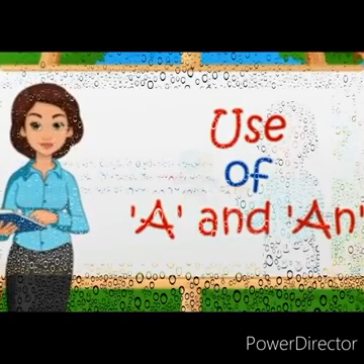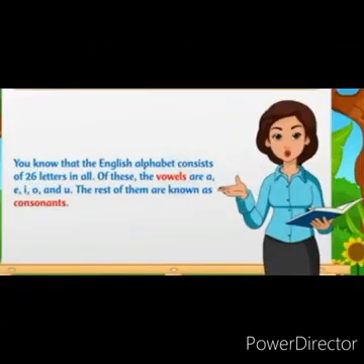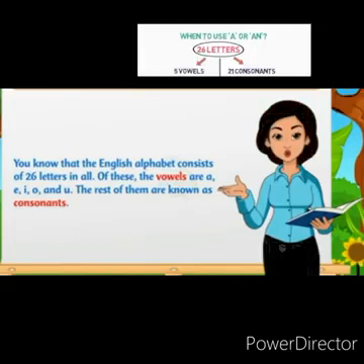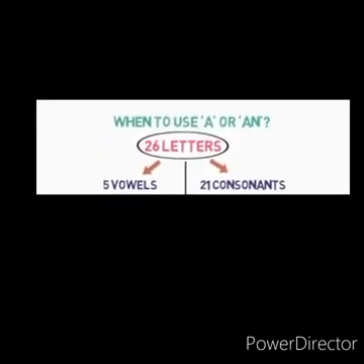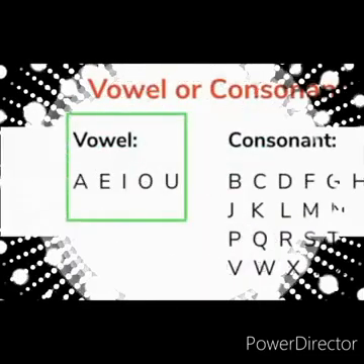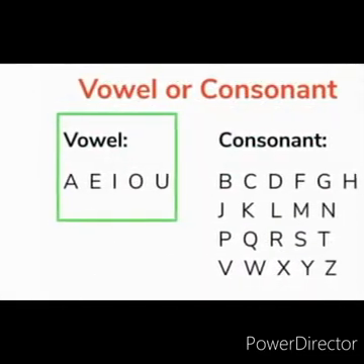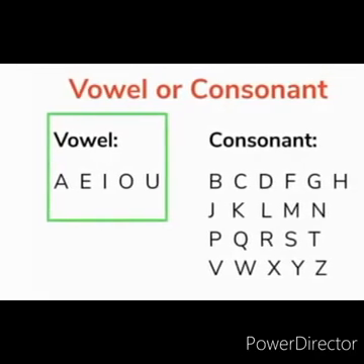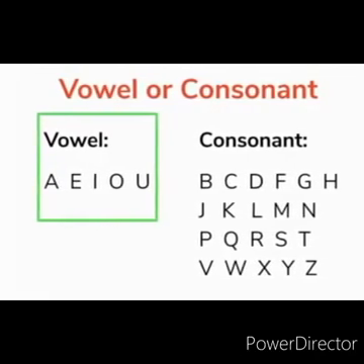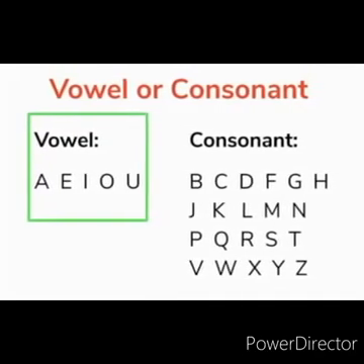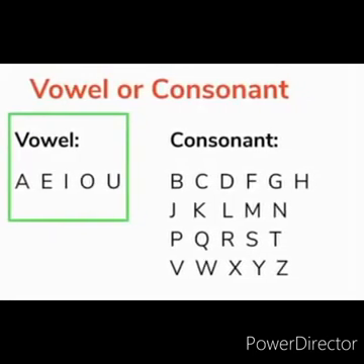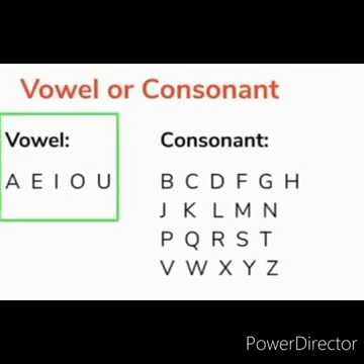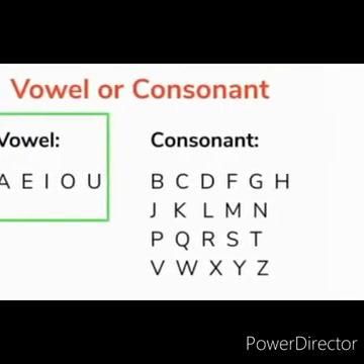Now you know that there are 26 letters in English, out of which 5 are vowels and 21 are consonants. The 5 vowels are A, E, I, O, and U. And the 21 consonants are B, D, F, G, H, J, K, L, and so on.